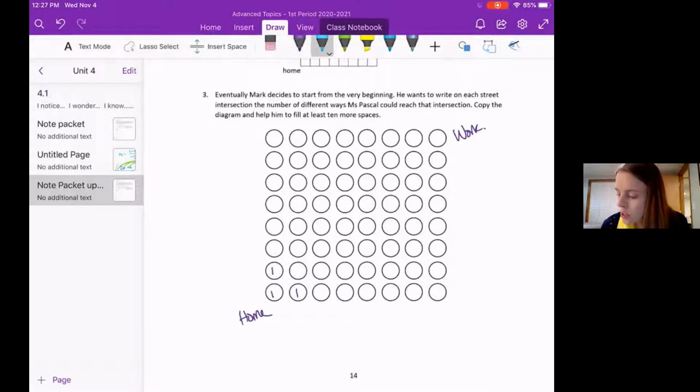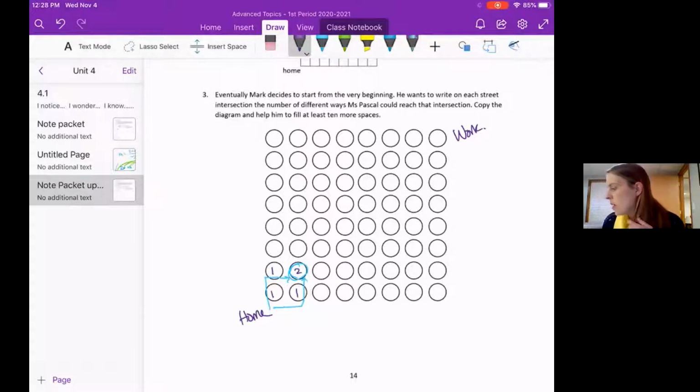If we wanted to find the number of ways to reach this intersection, we could either go to the right one and up one, or we could go up one and over one. So there are actually two different ways that we could reach that intersection.